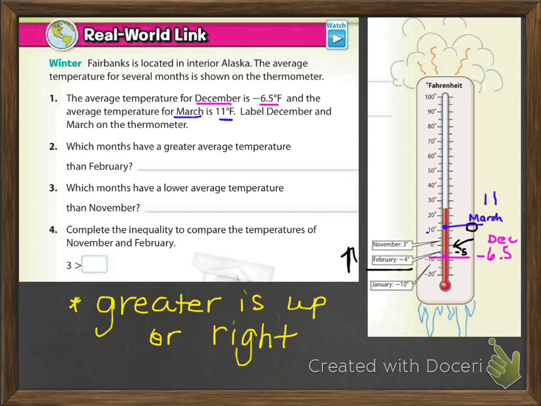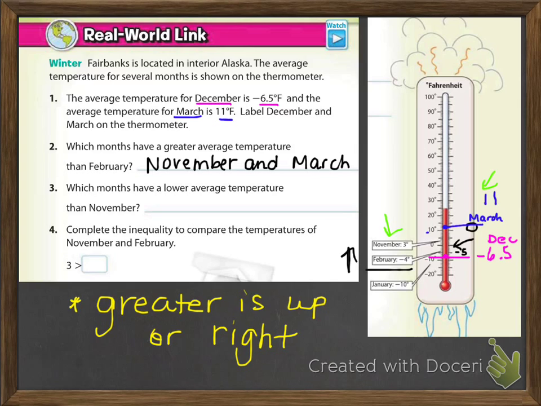I've added a little note at the bottom that you can add as well, that greater is up or right, depending on how your number line is oriented. The months we can see are November, which is right here, and also March, the one we just plotted. So we'll write November and March right there on the line.